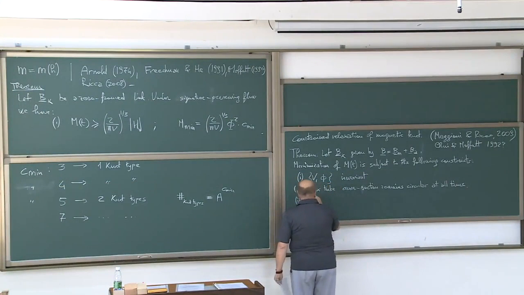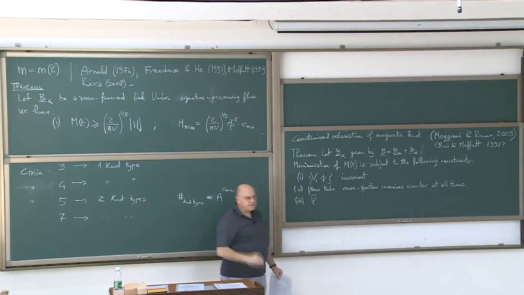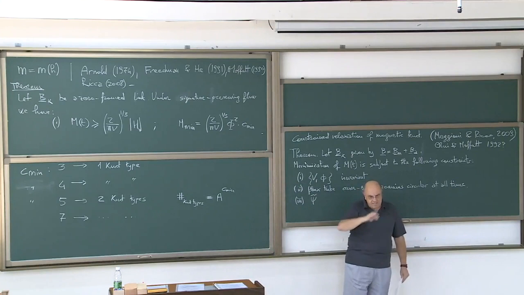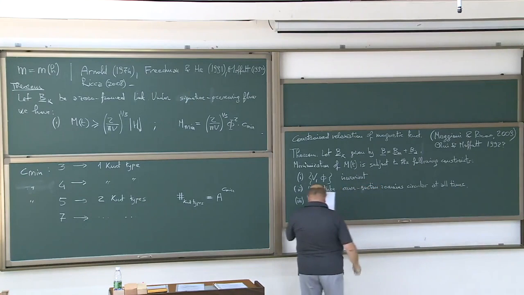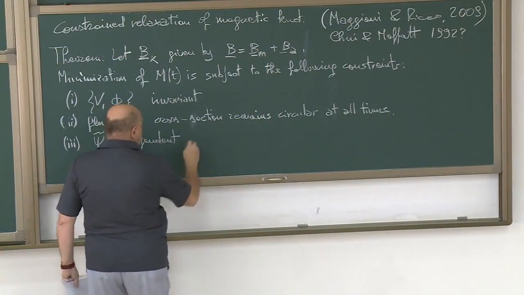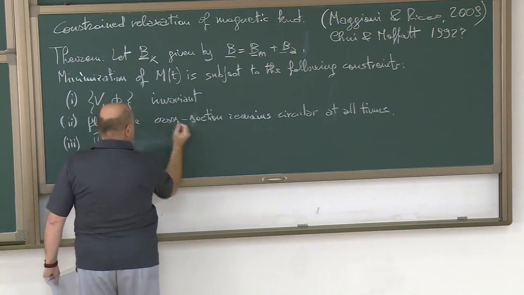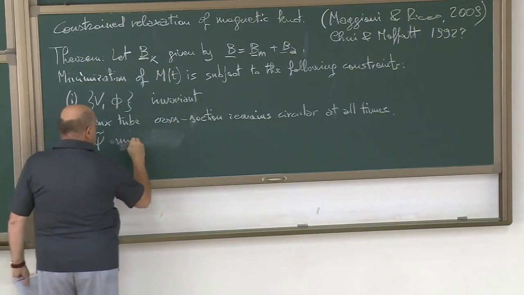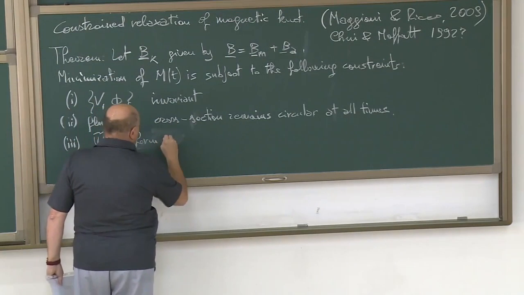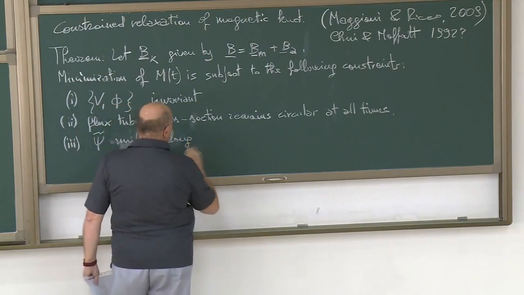Then there is a perturbation. This is long to explain, but there is a flux perturbation. There is an average flux plus some sinusoidal perturbation. So this is independent, uniform, let's say. If we understand what we mean, this fluctuation is uniform along the flux tube.